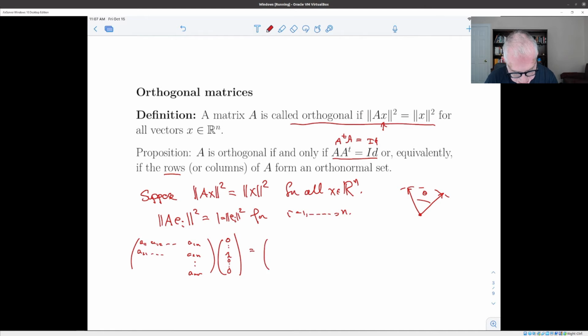So this is actually equal to A1i, A2i, down to Ani. But if the norm of that is equal to 1, that means that that column is a unit vector. So this shows that the columns of A are unit vectors.